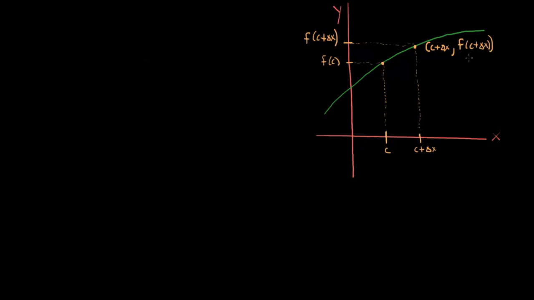Now that looks really bad, but it's not really. That's an x value and that's a y value. Now let's do the same thing for this point right here. Let me draw an arrow because it's going to get crowded. The x value is c, so the coordinates of that point are c, comma, f of c. So I have x comma y here and x comma y here. Those are just how we're defining those two points of the curve.